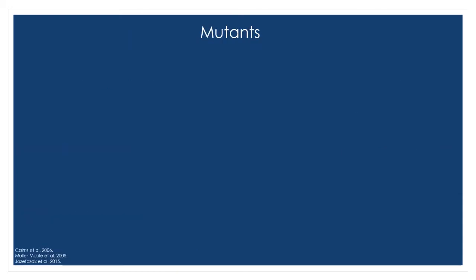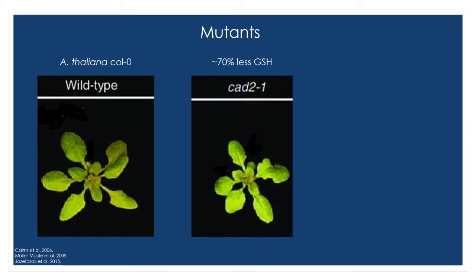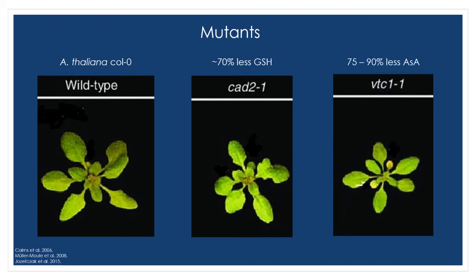So as I mentioned previously, mutant plants are not naturally occurring in nature. People make them because they want to have a much better understanding and insight into which genes are important for which activity and response to the environment.